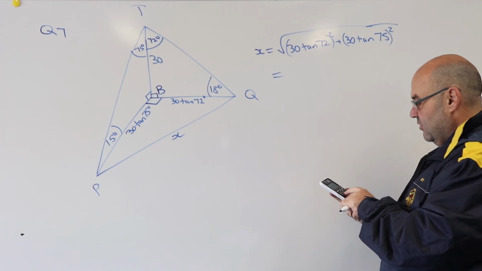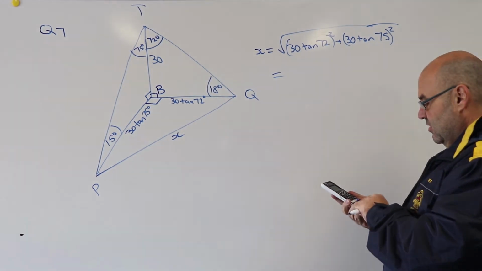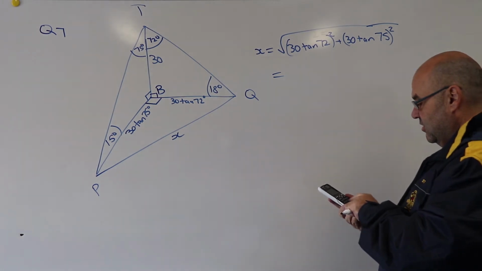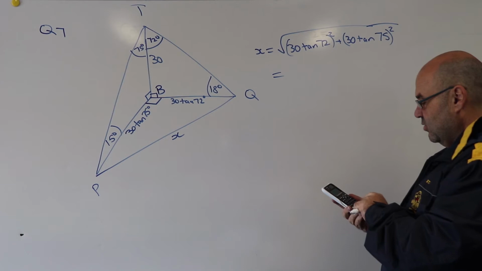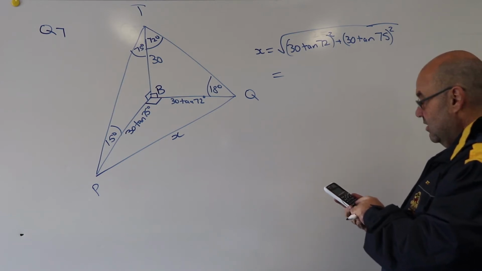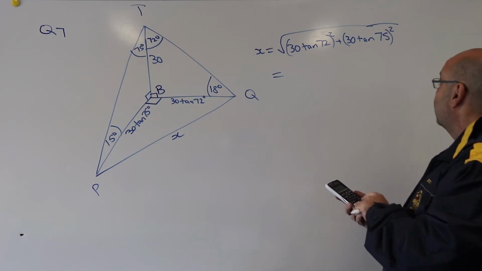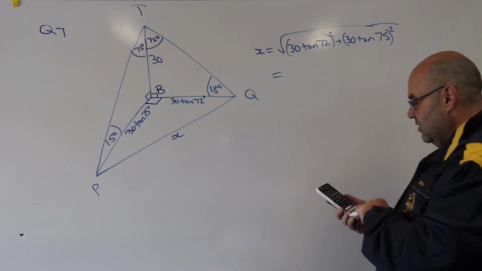So the square root of, in brackets, 30 times the tan of 72 squared, plus, in brackets, 30 times the tan of 75 squared, also in brackets.